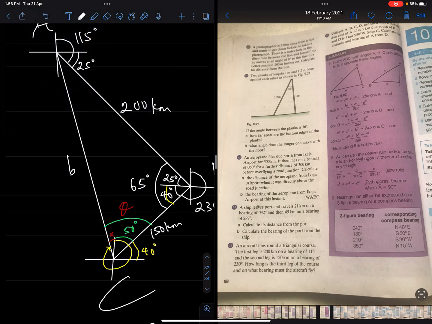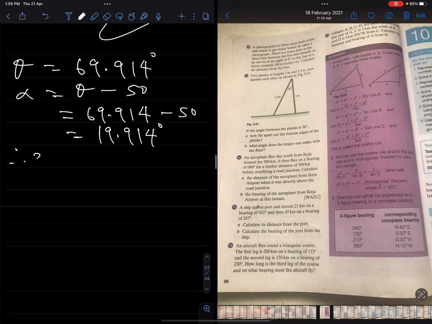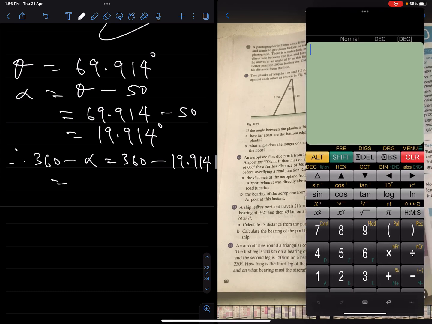So the bearing for the third leg is equal to 360 minus 19.914, and that's 340.086 degrees. I did some approximations, so it's possible.